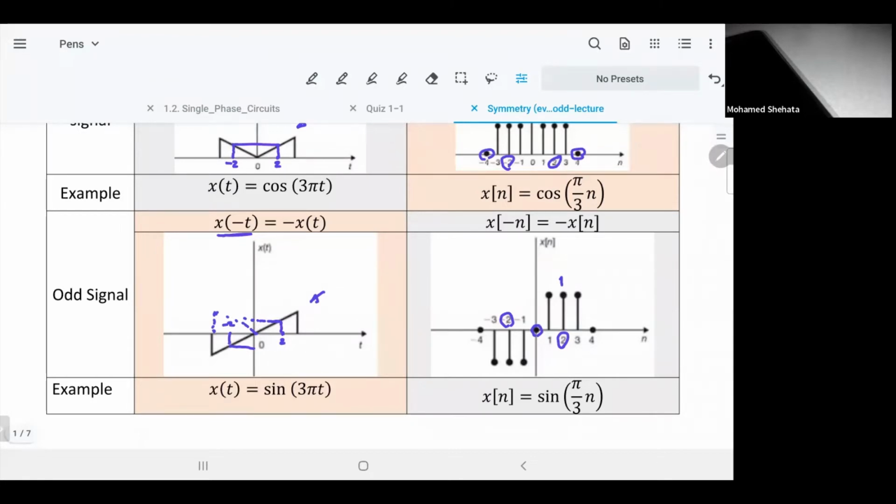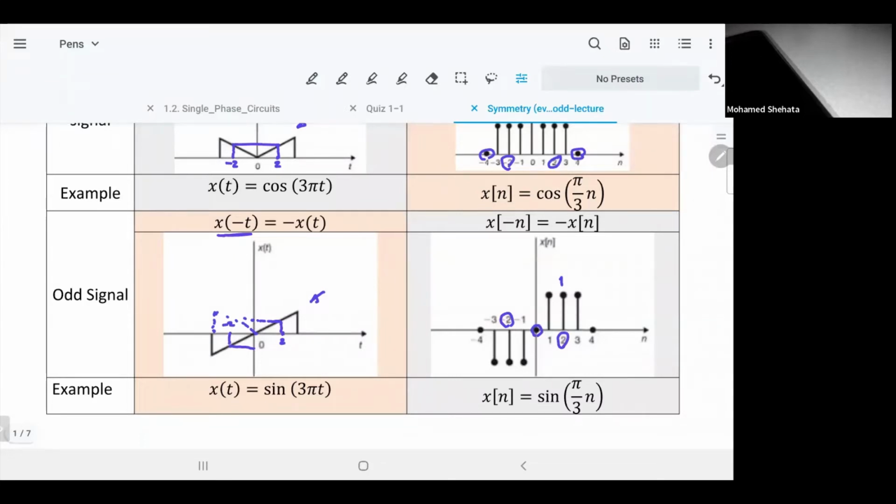There was a problem and I fixed it. Okay.